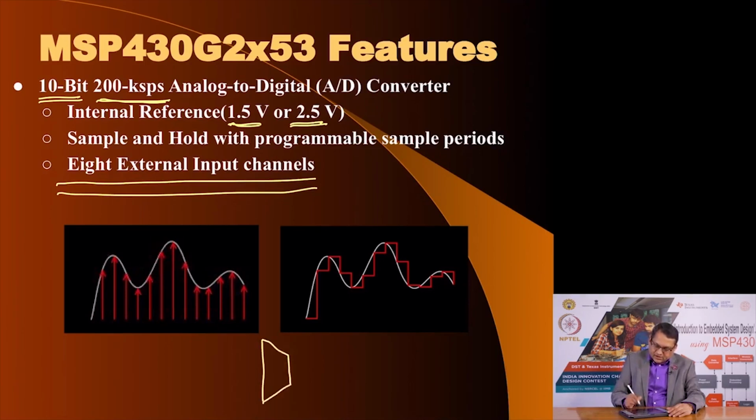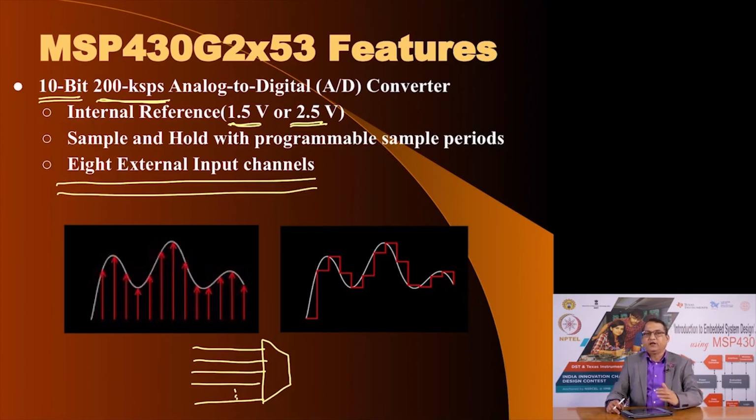If I draw the ADC block diagram like this, it has 8 channels, and using an analog multiplexer, you can select at any given time one of the inputs, which will be connected to the actual ADC, and a conversion will be performed. And this is how the conversion would look.